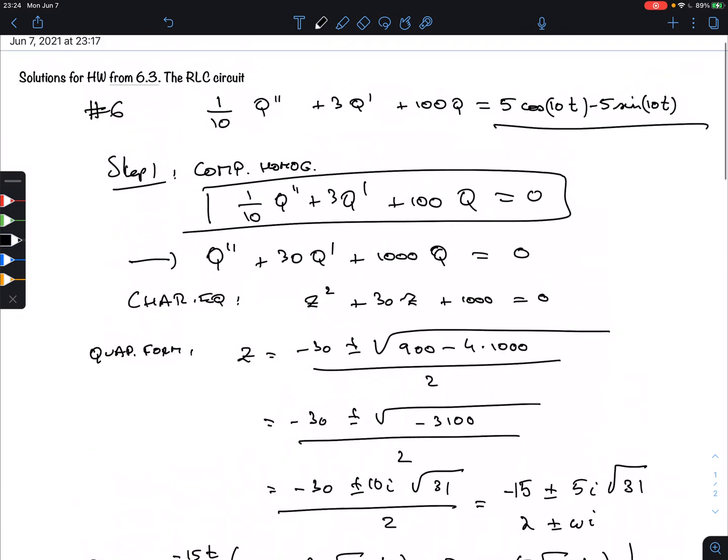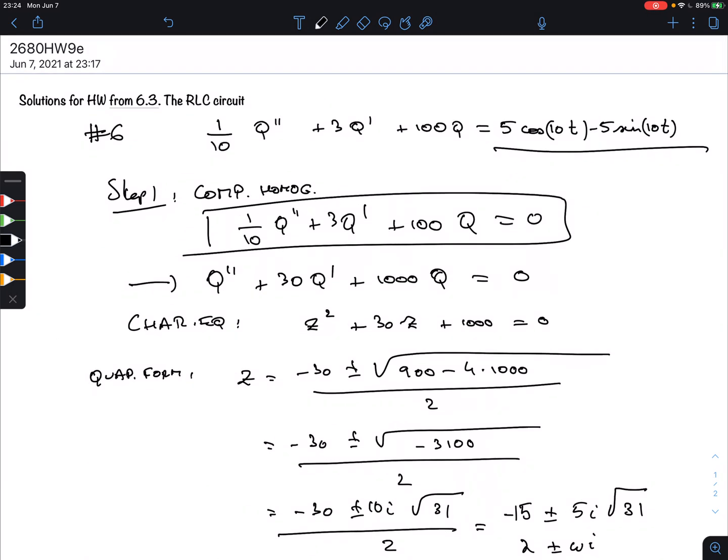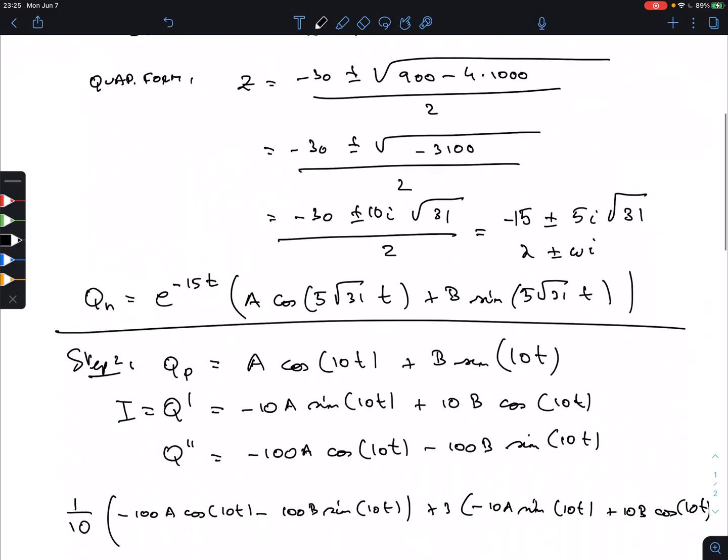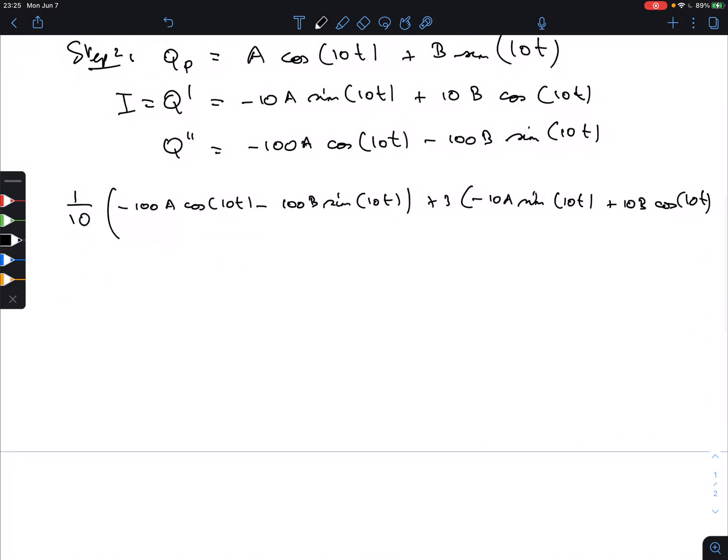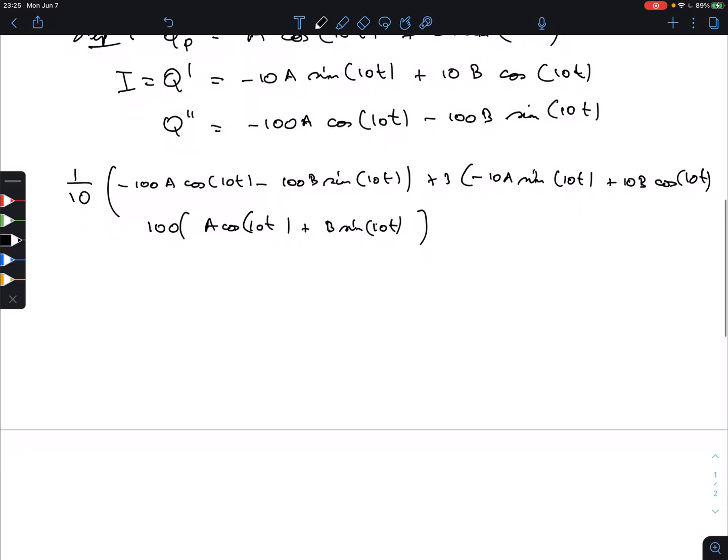And then 100, right? Did I get this? I hope I don't make mistakes here. Get the numbers right, because I tend to always copy things wrong. Okay, so I think I got it right here. And so 100 times a cosine 10t plus b sine 10t. That's just q.